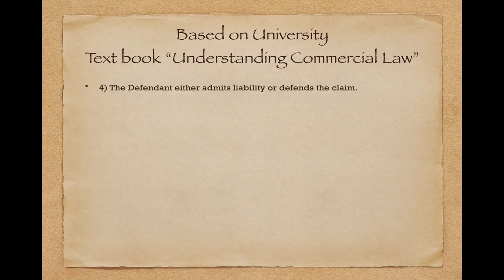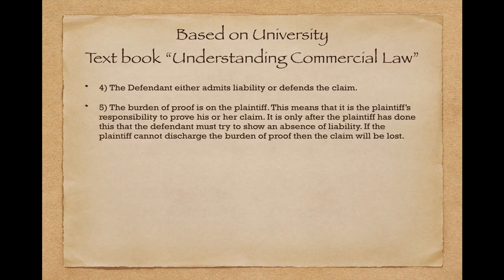The defendant either admits liability or defends the claim. The burden of proof is on the plaintiff. So when we're in the private, the burden of proof is on us to make sure that any claim that we make, we have the proof for it. This means that it is the plaintiff's responsibility to prove his or her claim, and it is only after the plaintiff has done this that the defendant must try to show an absence of liability.